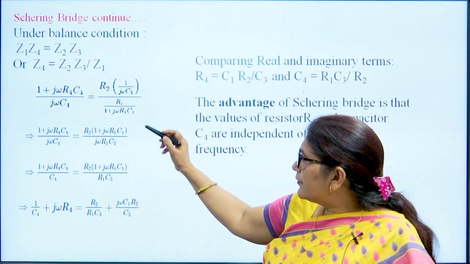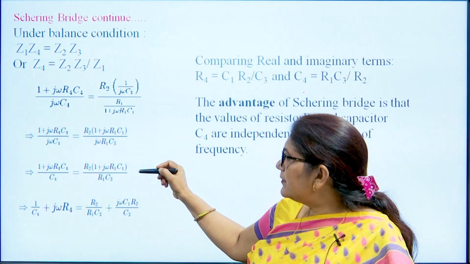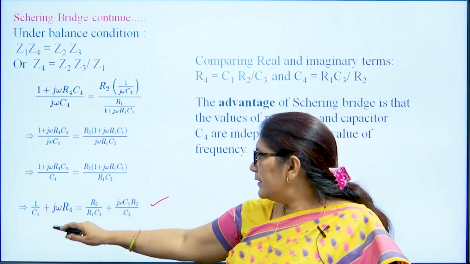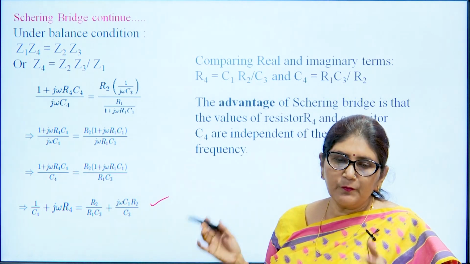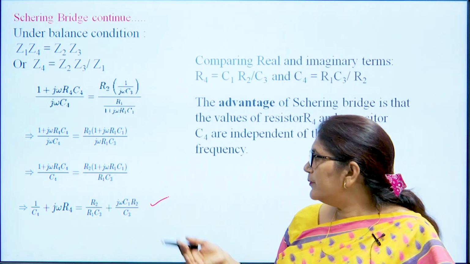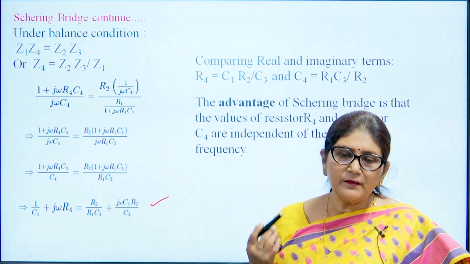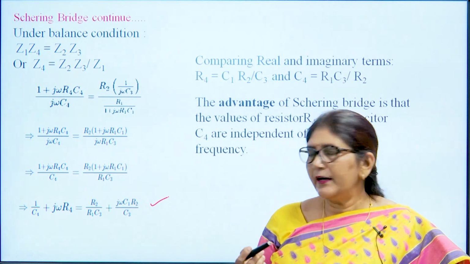So, we will solve it stepwise, and then after solving, this equation appears, and here we can again compare real terms and imaginary terms, and we can find out the value of the unknown resistance and unknown capacitance, that is C4 and R4.